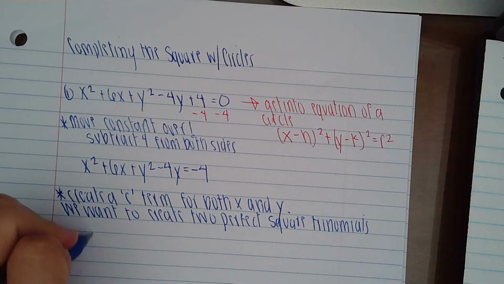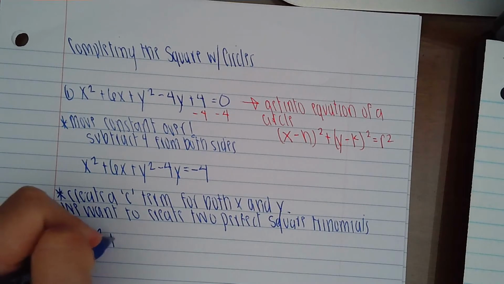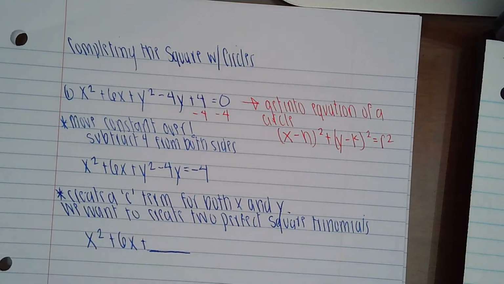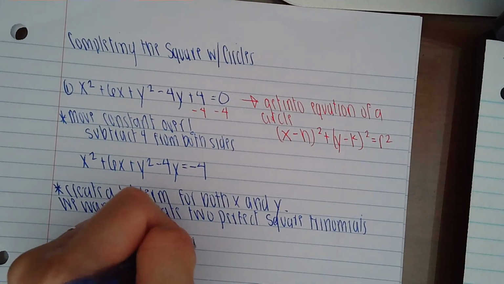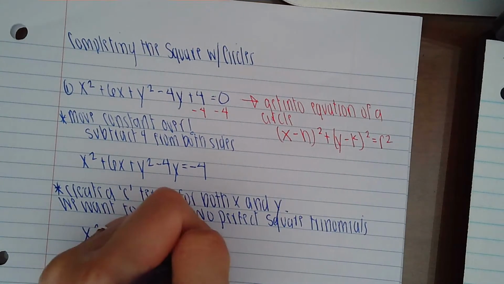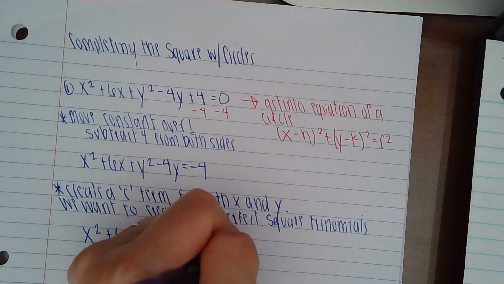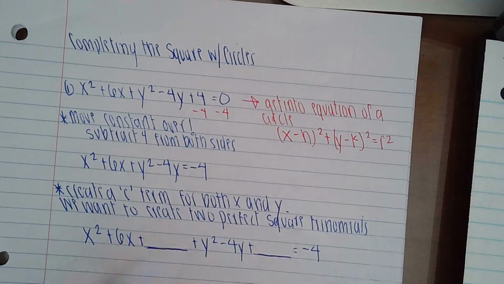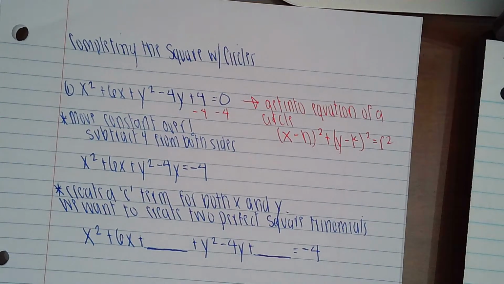So we're going to have x squared plus 6x plus a number that we're going to create, plus y squared minus 4y plus a number that we're going to create, equals negative 4.